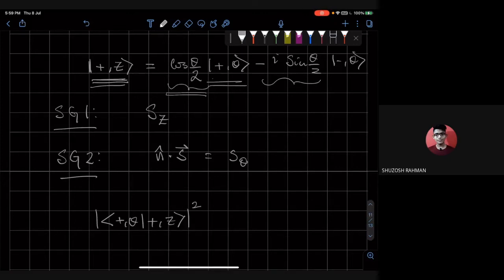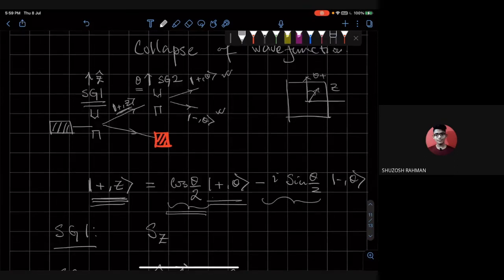This is basically the Born rule in quantum mechanics, remember? And that is going to give me cosine squared theta by 2. So this gives me the intensity of this beam with respect to the intensity of this beam.